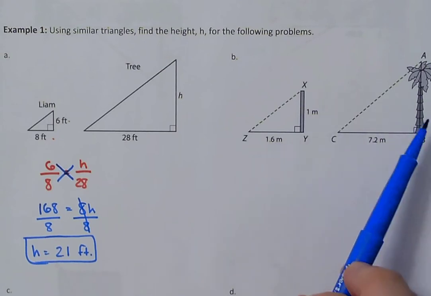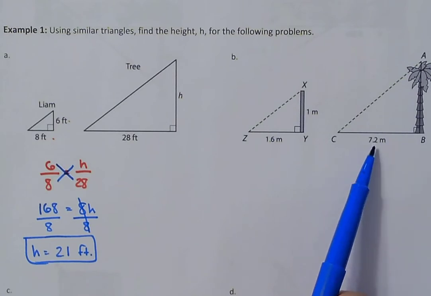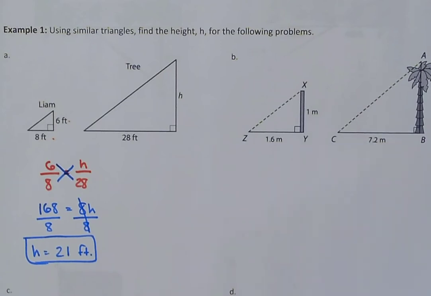And then we have a palm tree that we don't know the height of, but it is creating a shadow that is 7.2 meters long. So, knowing that, we need to figure out the height of the palm tree, which we will call x in this case, or you could call h.